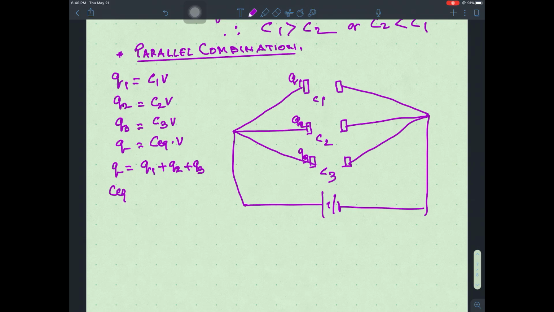So C equivalent is equal to C1 plus C2 plus C3. This is the format that we get in the case of parallel.